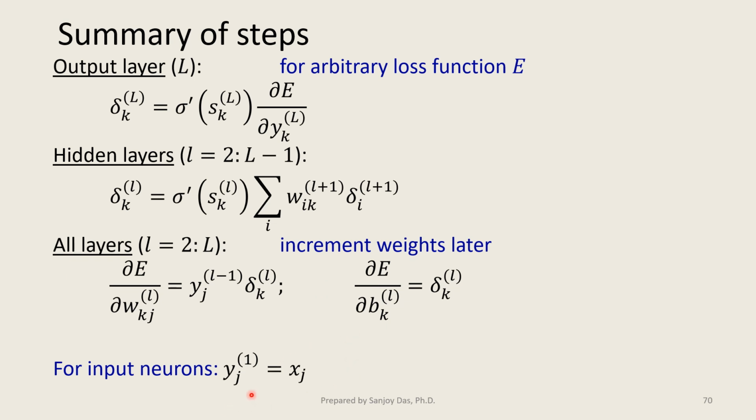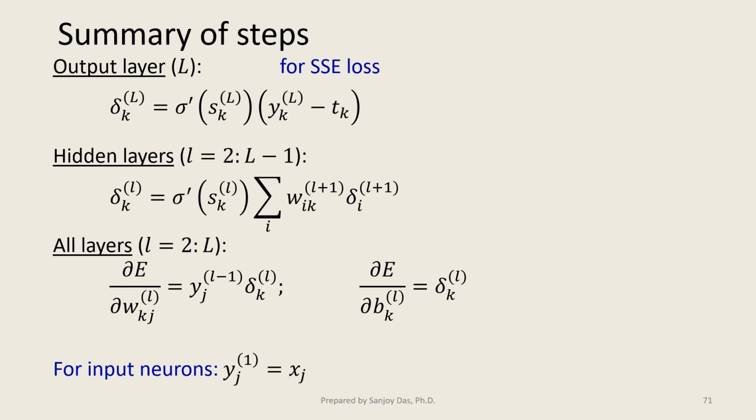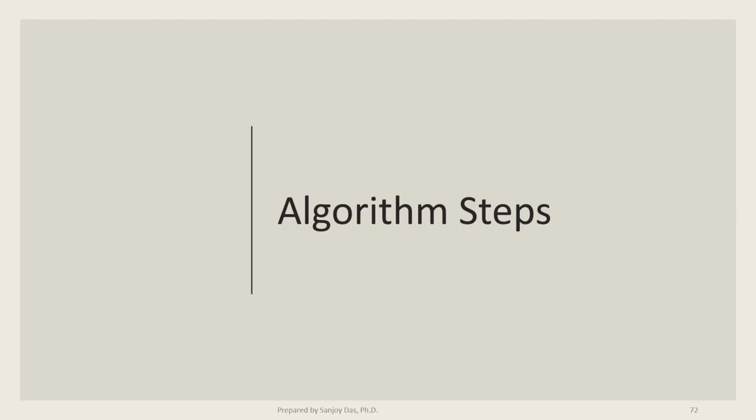Now, for the input neurons, we know that Yj is simply Xj. Specifically, for the sum square error, delta is given by this expression here. So we are in a position to now write down the steps of the algorithm.